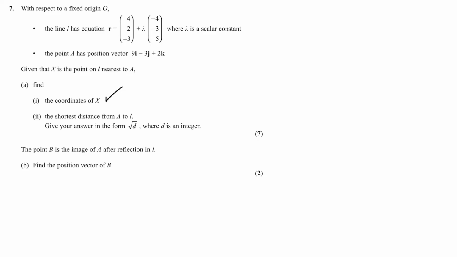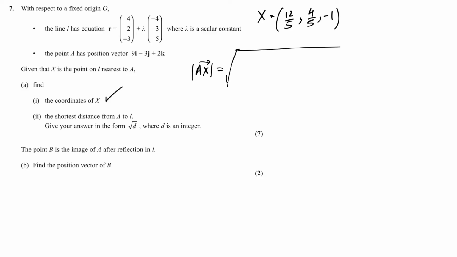We know the coordinates of x, we know the coordinates of A, because of the position vector. So that means that we can find this distance. So that's going to be the modulus of AX. So square root, and you just want to find the difference in each value, the x direction, the y direction, the z direction, squared.